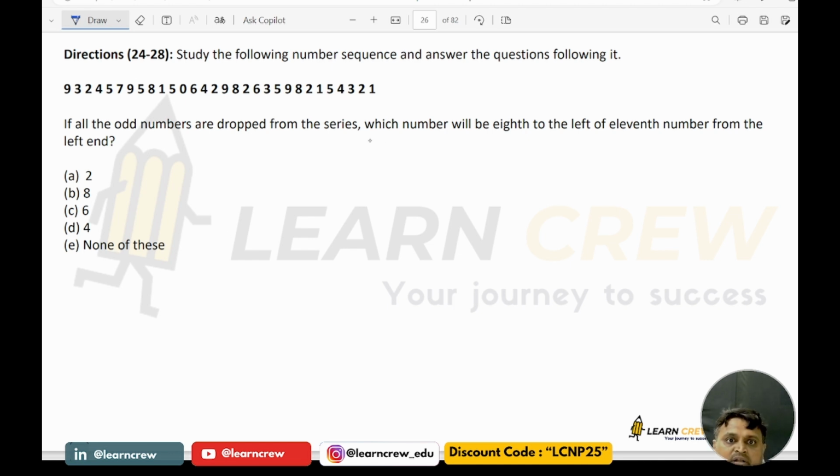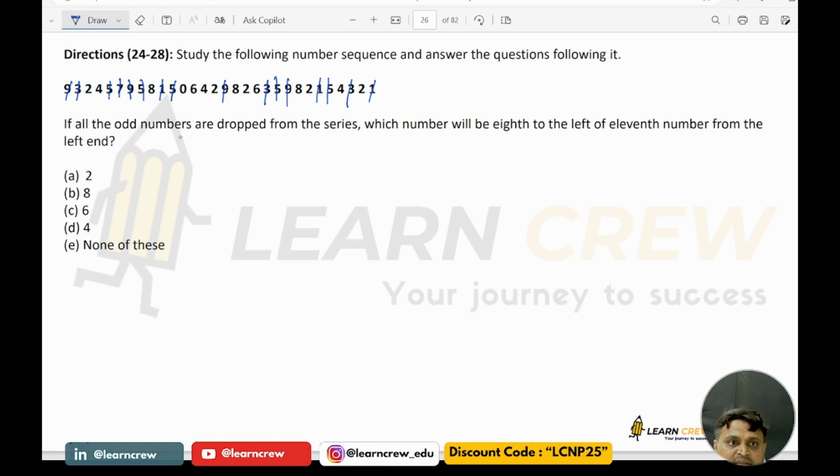If all the odd numbers are dropped, 9, 3, 5, 7, 9, 5, 1, 5, 9, 3, 5, 9, 1, 5, 3, 1. Now, which number will be 8th to the left of the 11th number from the left hand?